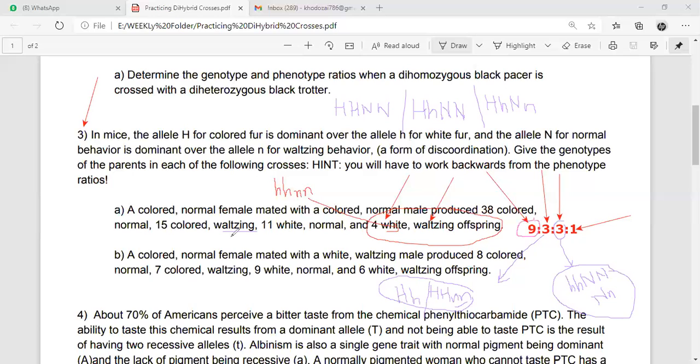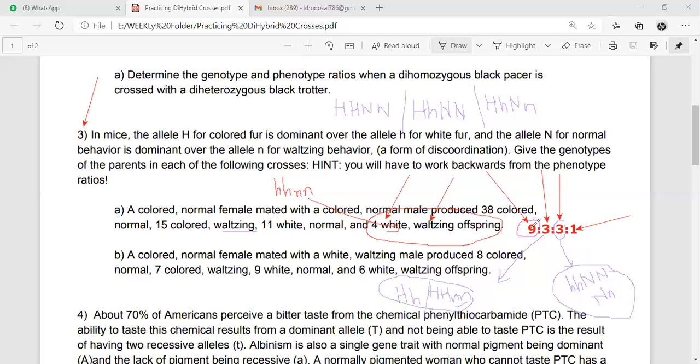Look here. The question is, what is the phenotype? In fact, we have to predict the genotype of the parents. We have to go back. So once we are going back, this kind of 9:3:1 ratio is possible only if we are getting all four combinations.